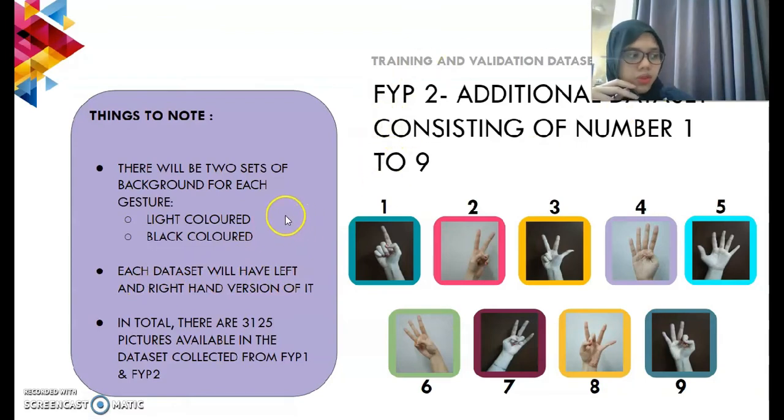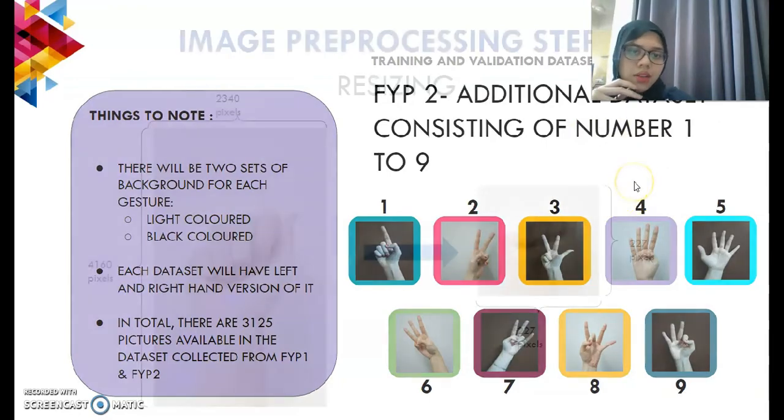From both FYP1 and FYP2, in total there are 3,135 pictures available from the dataset collected. But the number for each gesture is not the same, meaning the size of each dataset varies.